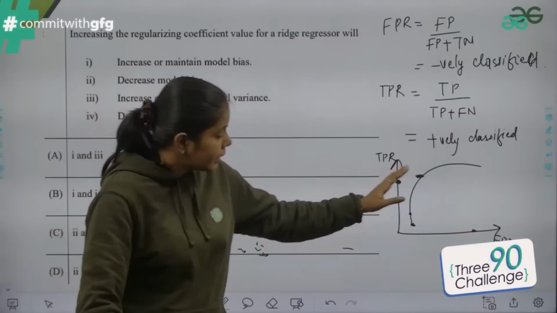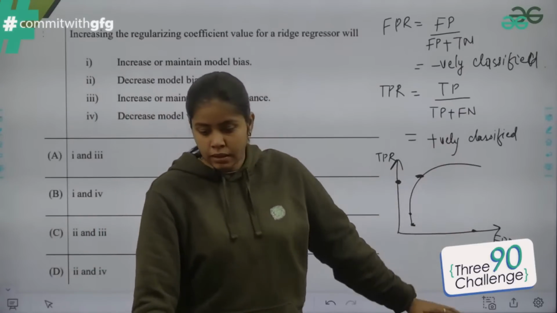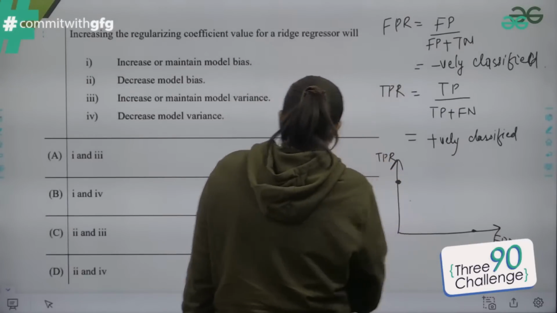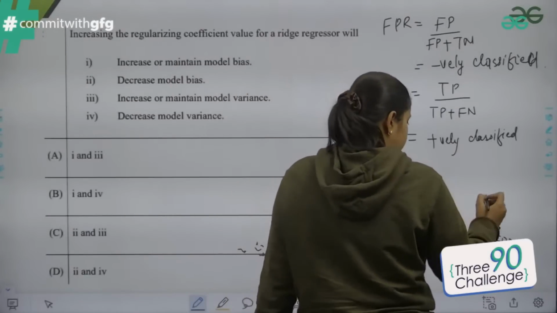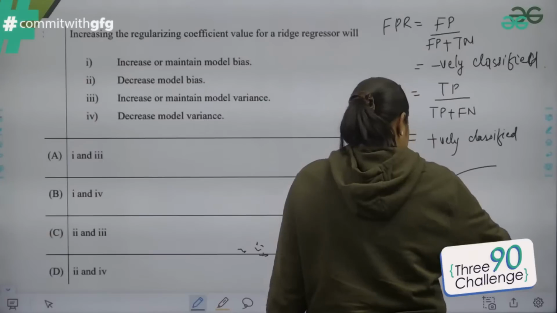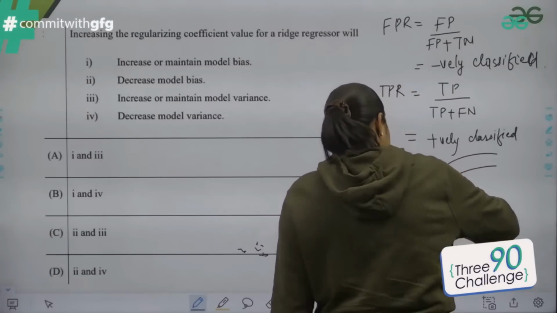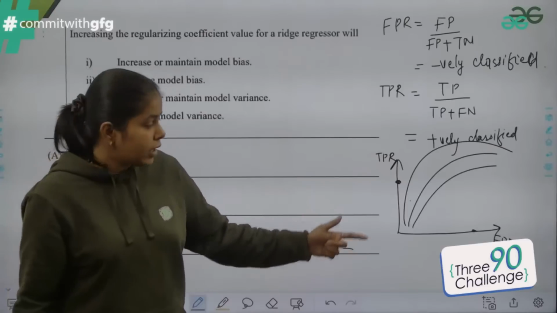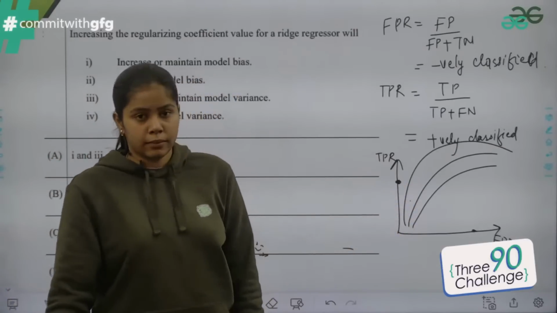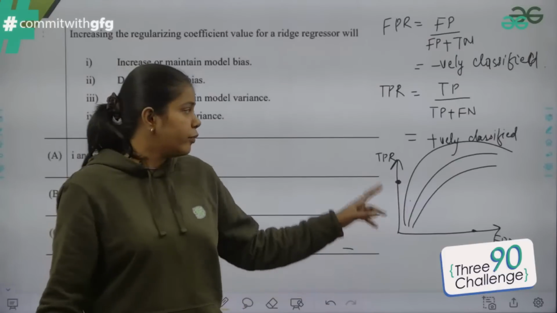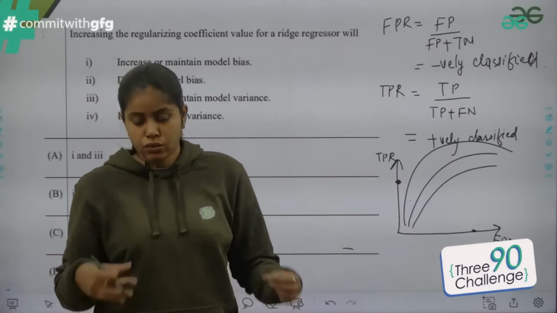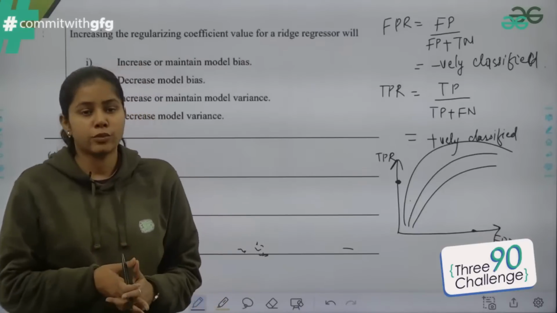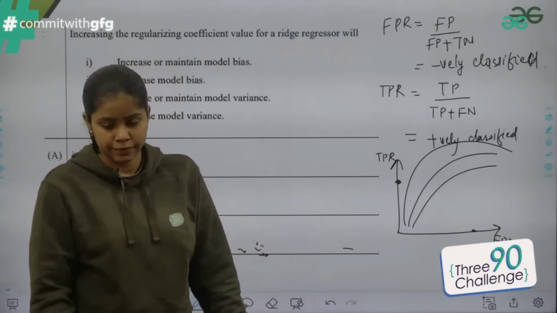So the higher the area, we'll get one model which has one ROC curve like this, another model with an ROC curve like this. The ROC curve which has the highest area below it would work as my best model. So the ROC curve basically helps me find which model gives me the best results.